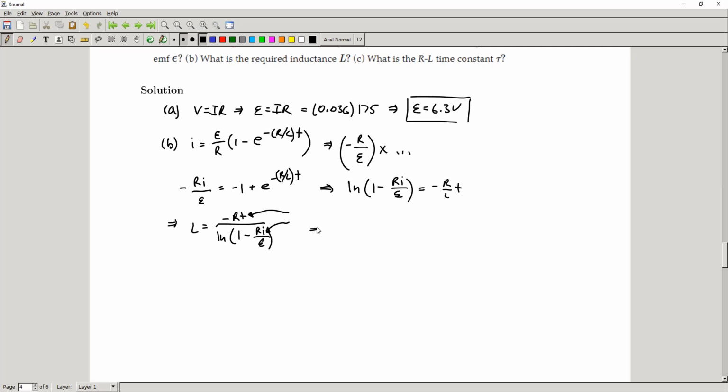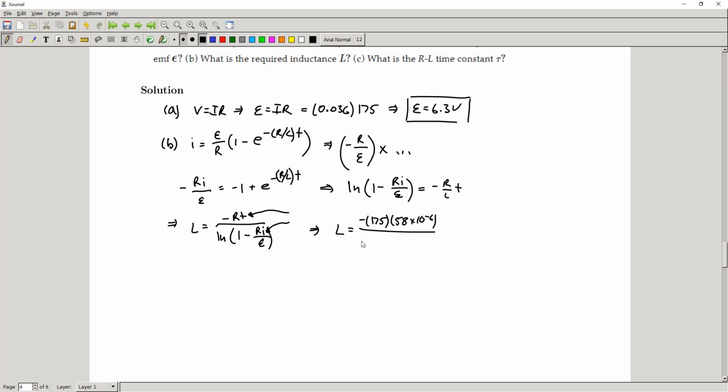Substituting in those values, we're going to end up with an L, which is going to be equal to, well, we need our resistance. We still have a minus sign. That's 175 ohms. We need the time. This is 58 microseconds, so we have 58 times 10 to the minus 6 seconds.